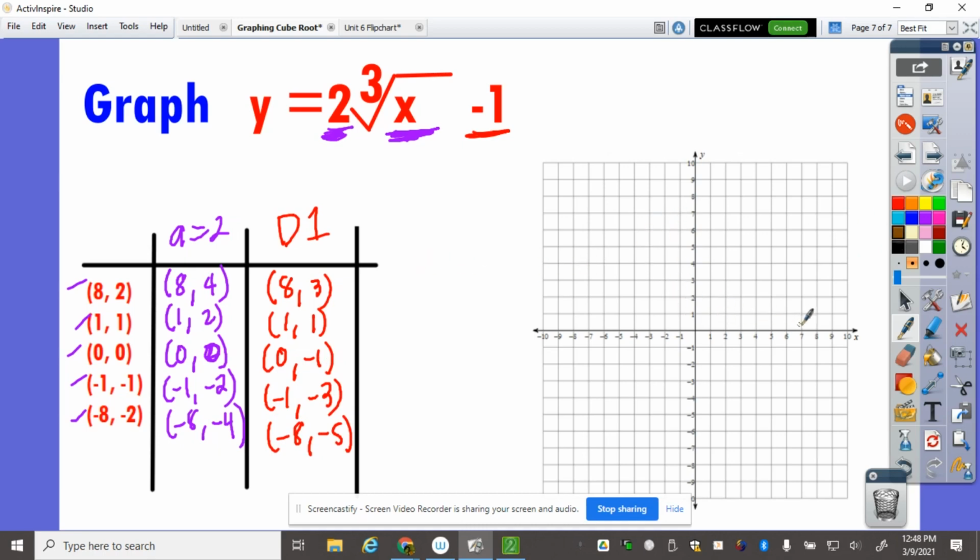Now we plot the points. (8, 3) right here, (1, 1), (0, -1), (-1, -3), and (-8, -5) there. So the graph is going to look like this. There you have it, and that's how you graph a cube root function. As always, kaboom.